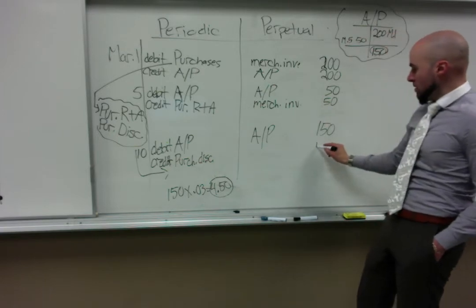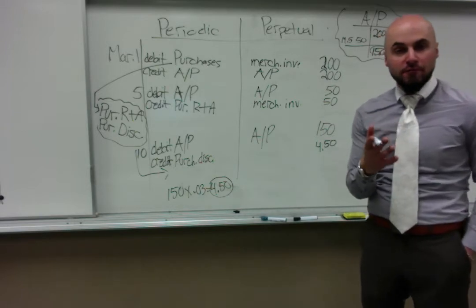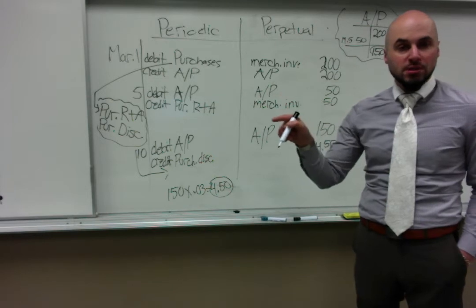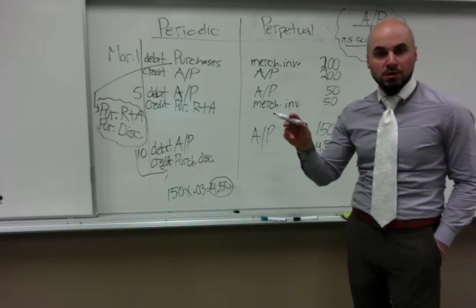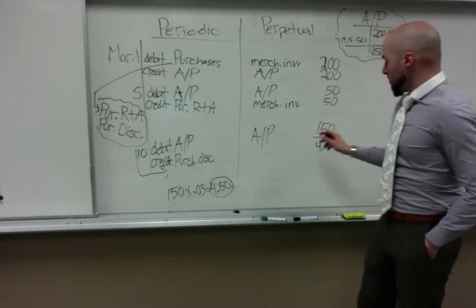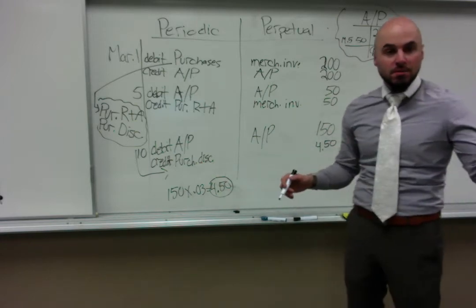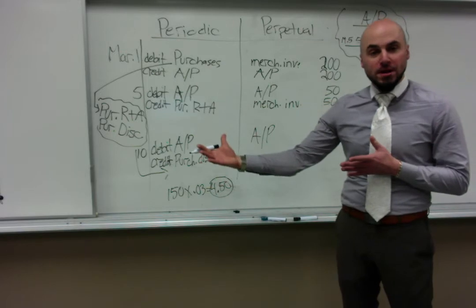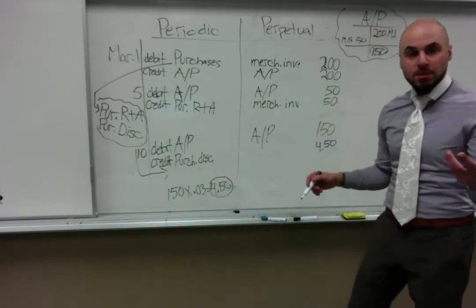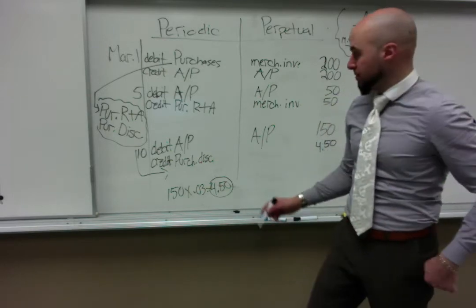for $4.50. Everybody see how we got that $4.50? Refer to the payment terms, and then it's a simple calculation. $4.50 credited to purchase discounts, but that is obviously heavily outweighed by the $150 on the debit side. So that means we have to also credit something to balance this entry. What are we crediting? We just mentioned it not long ago. Cash.